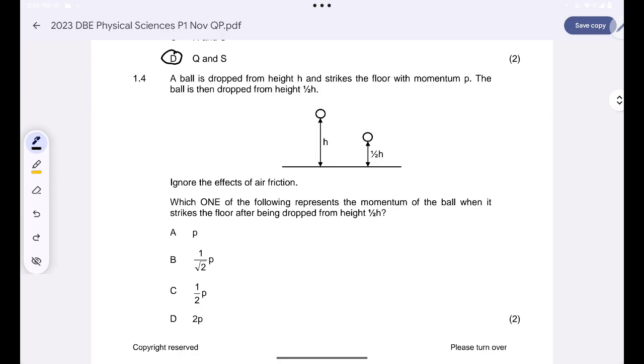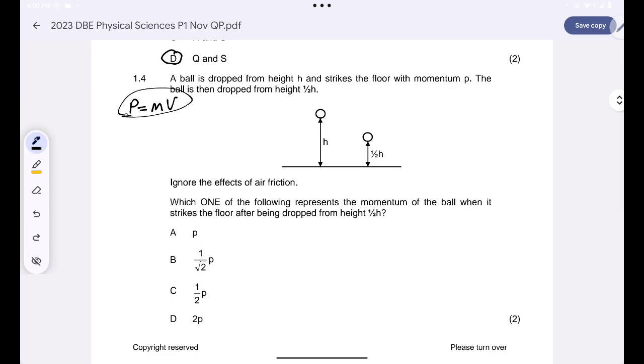They said we must ignore the effects of friction, right? We are told that the momentum of the ball initially is P. Remember that momentum is equal to mass multiplied by velocity. So if we can find the velocity of the ball here, we can simply find the speed as well.